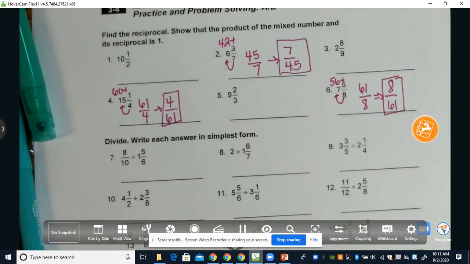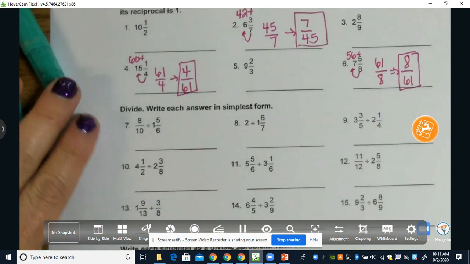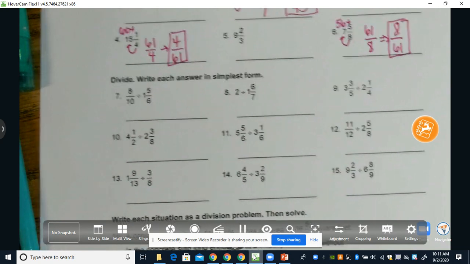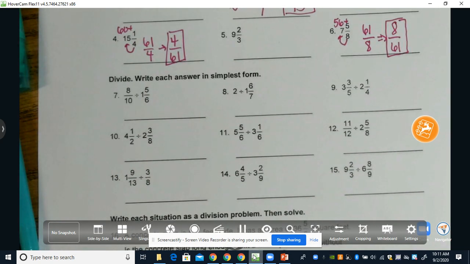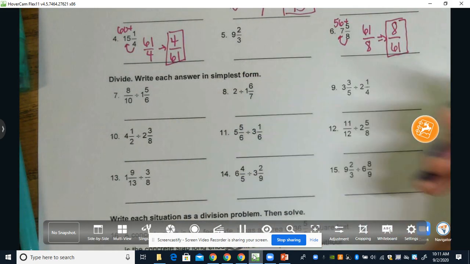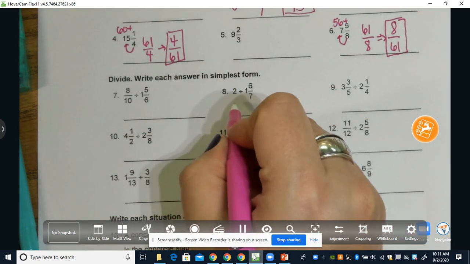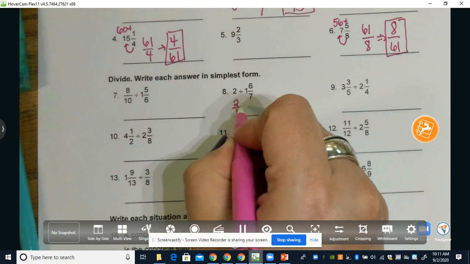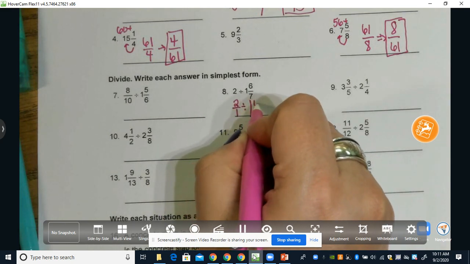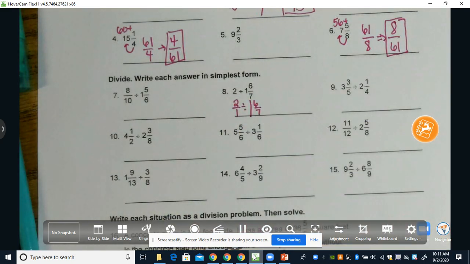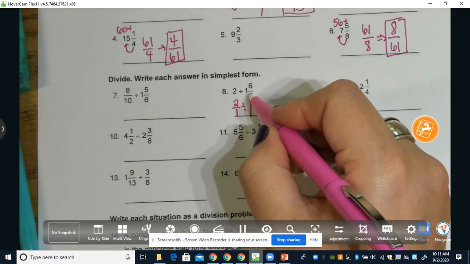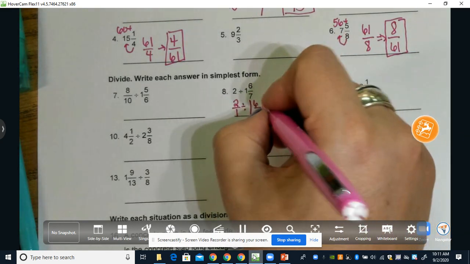Okay, now we need to divide these mixed numbers, and there's some whole numbers and fractions, and write them in simplest form. So here we have number 8. So I'm just going to rewrite this. This would be 2 over 1 divided by 1 6/7. Okay, 1 6/7 is 7, plus 6 is 13.